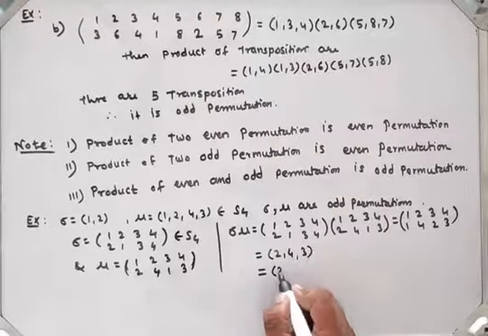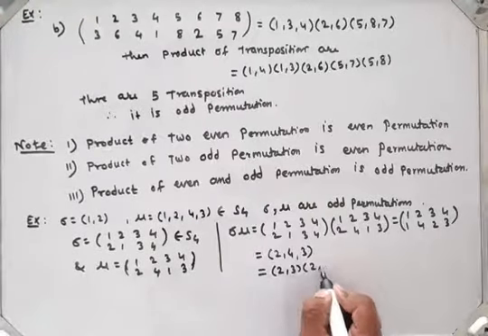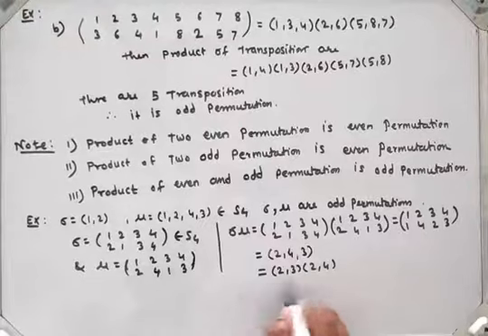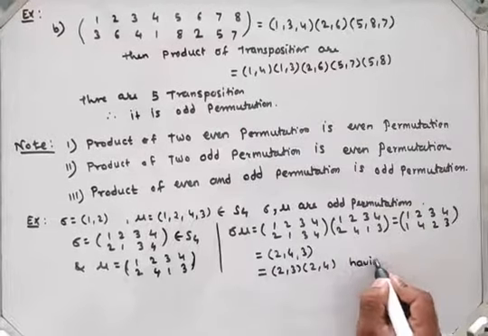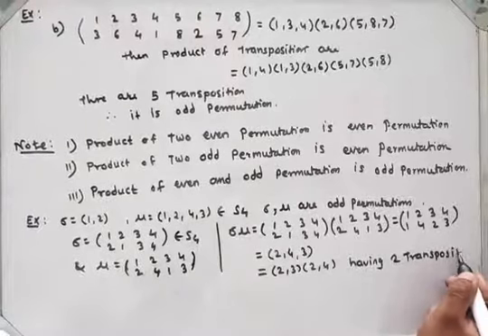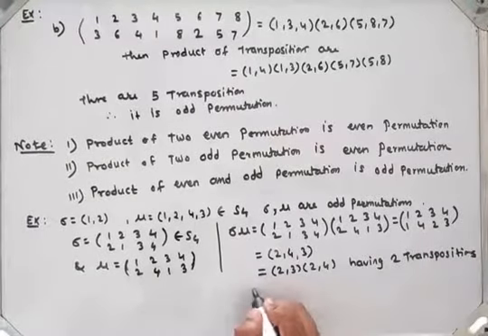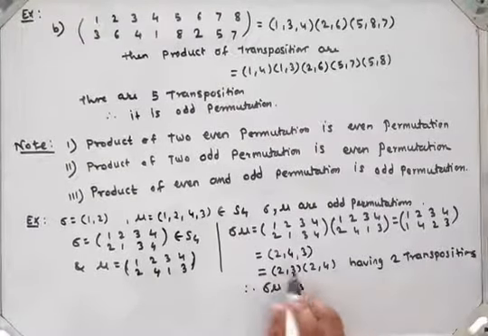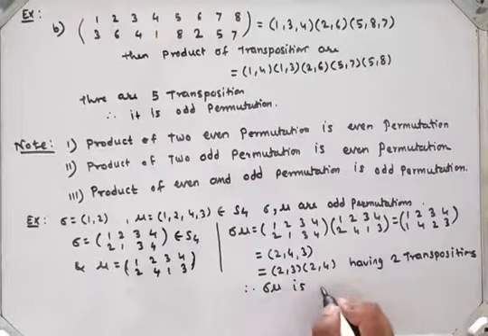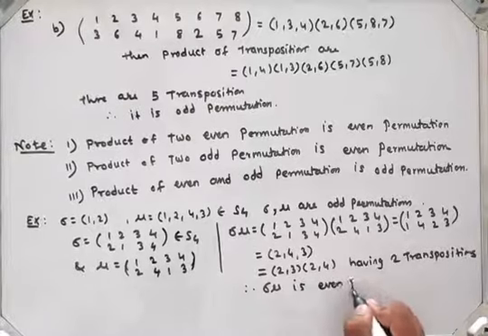It can be written as a product of transpositions: 2 3 and 2 4. So how many transpositions are there? 2 transpositions. Therefore sigma into mu has 2 transpositions, which means sigma into mu is an even permutation.